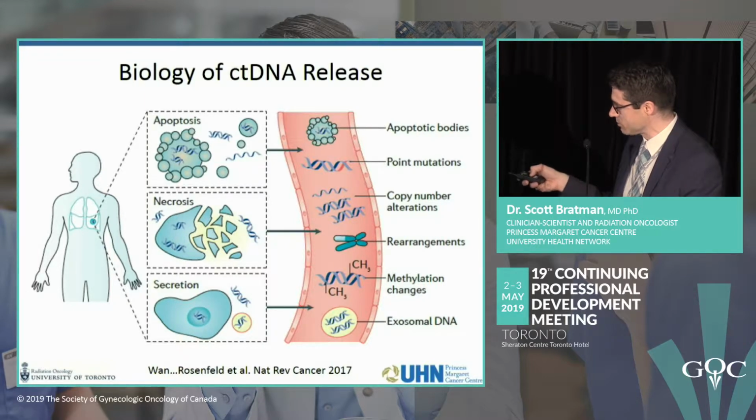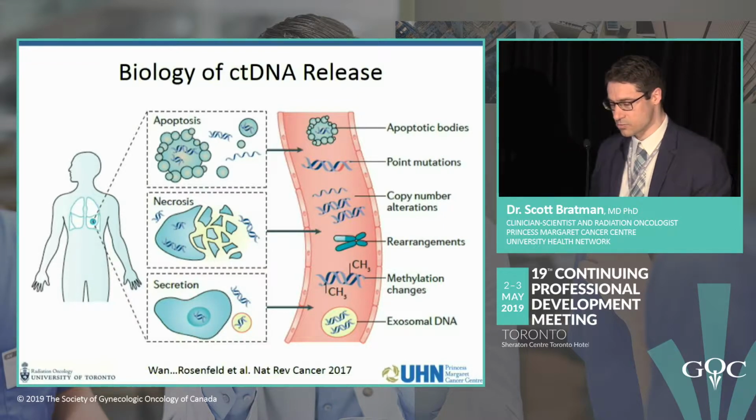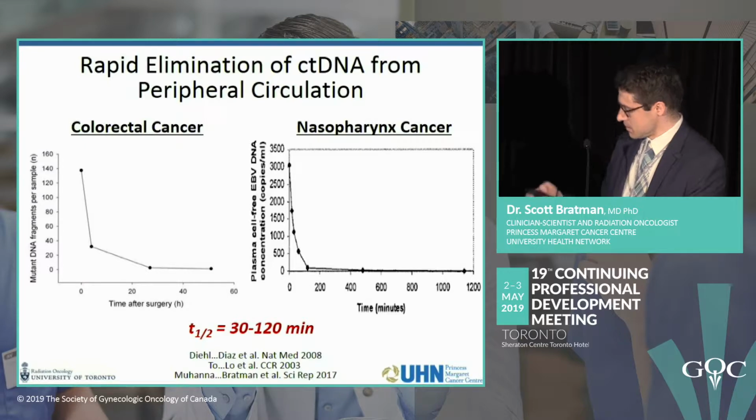Increasingly also copy number alterations and rearrangements are detectable. And I'll show you some evidence that DNA methylation can also be detectable and might have some specific uses and clinical utility.